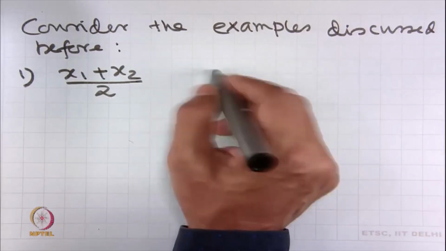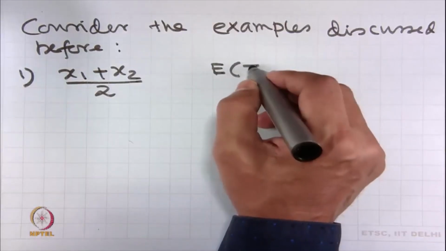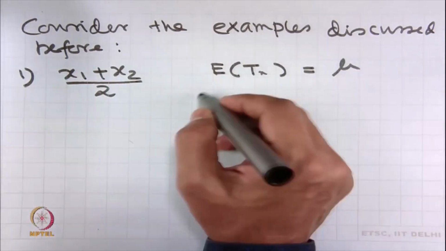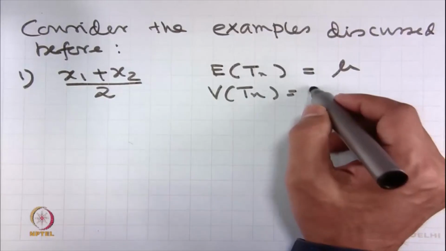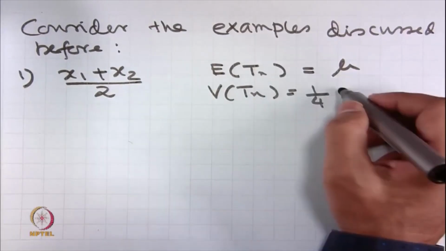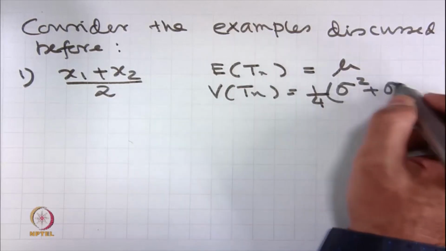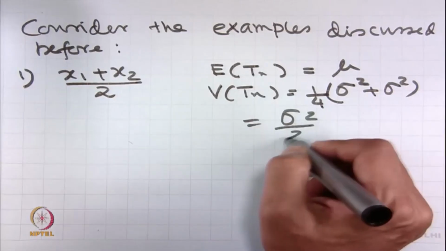It is unbiased. And variance of Tn is equal to 1 by 4 sigma square plus sigma square, which is sigma square by 2.